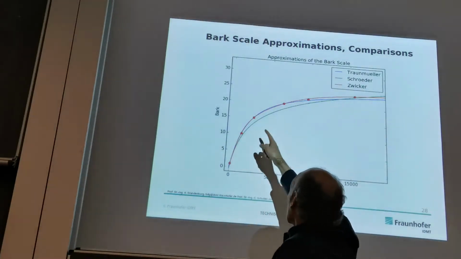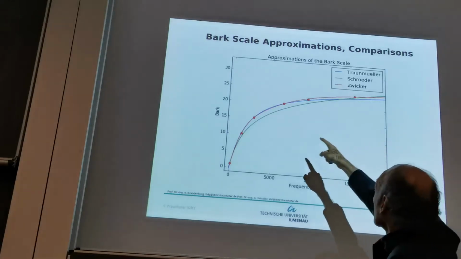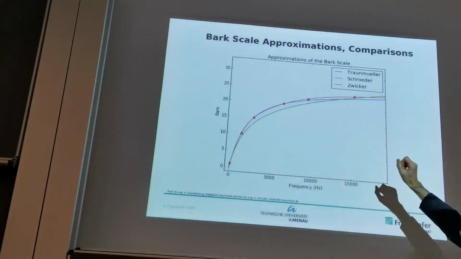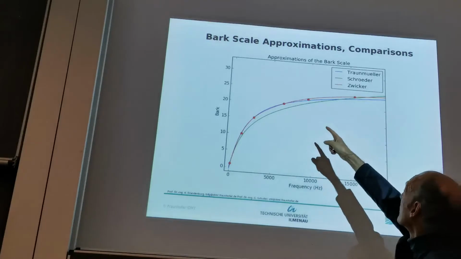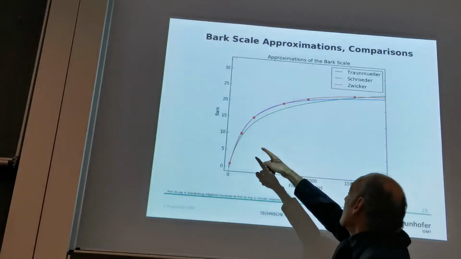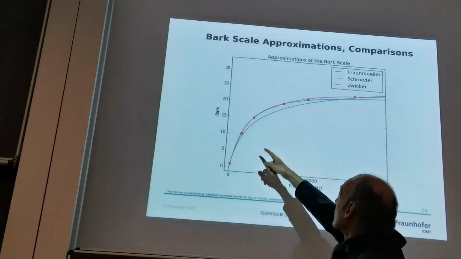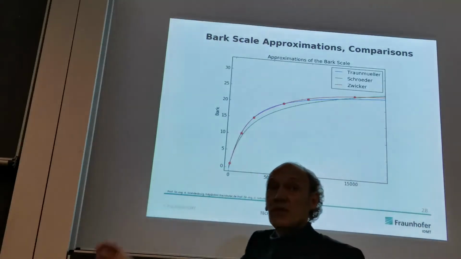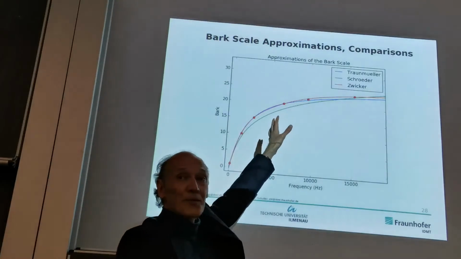The red dots are from the table, and you can see Zwicker quite exactly fits to the table. Then we have the Traunmüller approximation, which is the blue one. It's not quite as exact as the Zwicker approximation. Here you can see a deviation in the higher frequencies, the blue line. And then you see the green line is the Schroeder one, which is better at high frequencies but not so good at the medium frequencies, which you can see by the deviation from the red points.